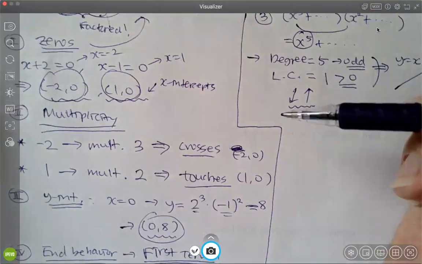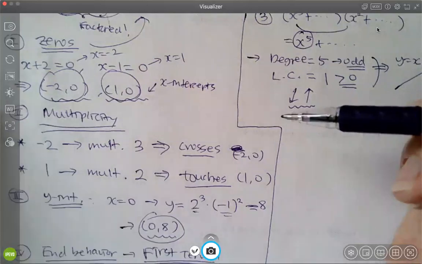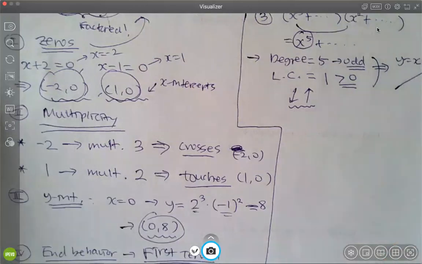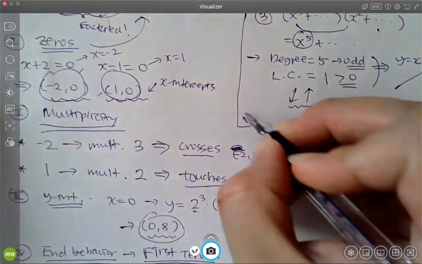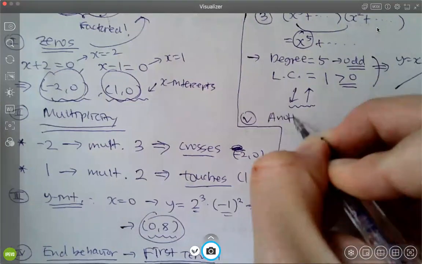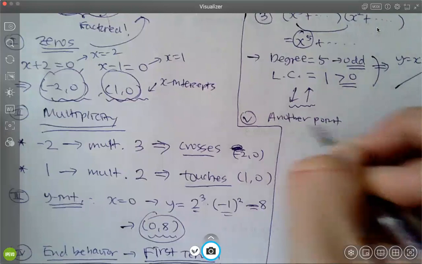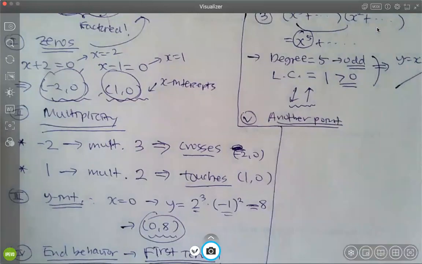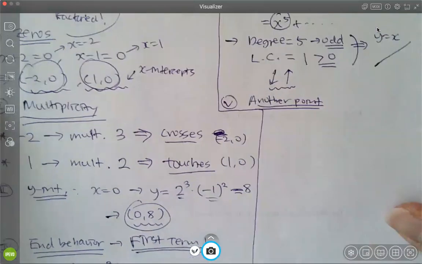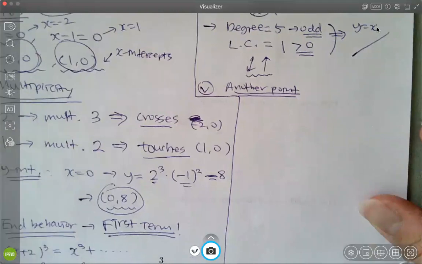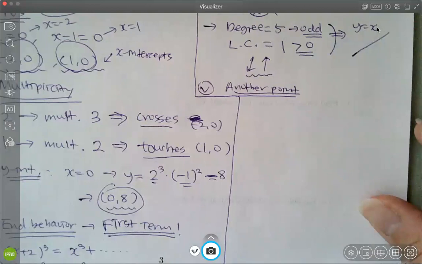So here what can we do? We can just plug in an easy number. Now, people will try, in most cases, x equals 1. But what is the small problem if we try x equals 1?